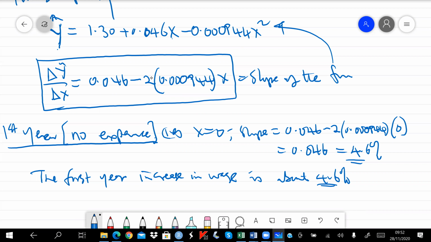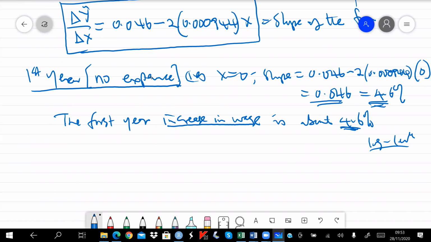So in the first year of employment, the estimated increase in wage is around 4.6%. Because this is a log-level model, you need to interpret the coefficient in terms of percentage. So in the first year, we have around a 4.6% increase in the wage.